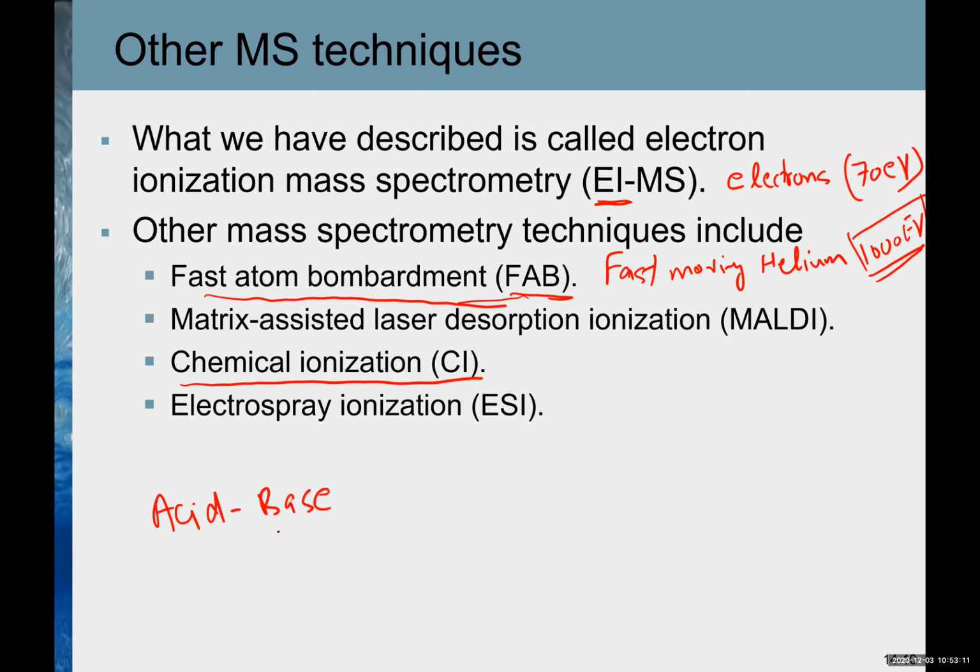So if our sample is a Lewis base, we use some acid, right? Because in acid-base, the base gives electrons to the acid. So then the base will become positively charged. So in those cases, we can use chemical ionization. That's also a crude technique. So all these three are not selective.